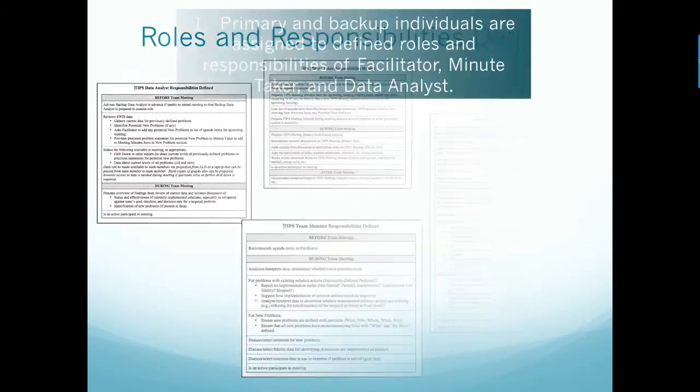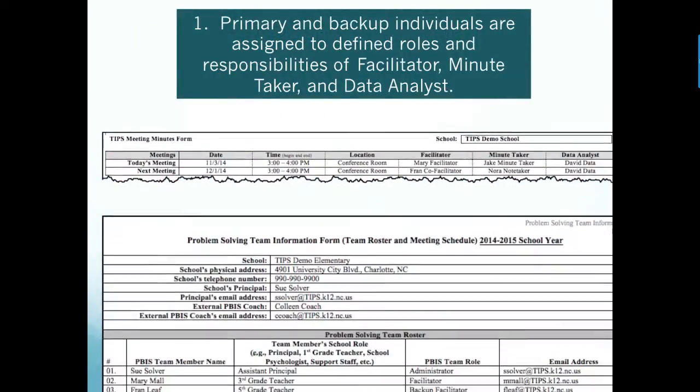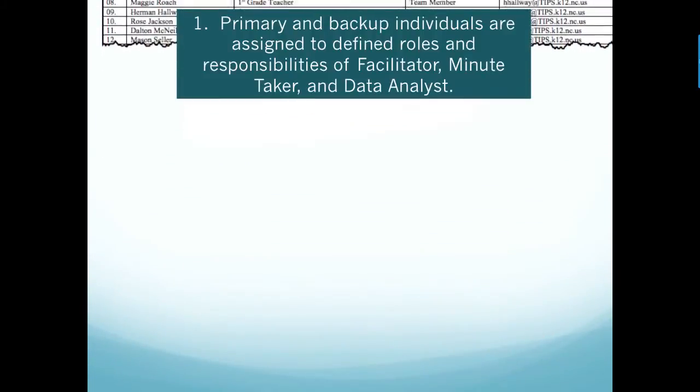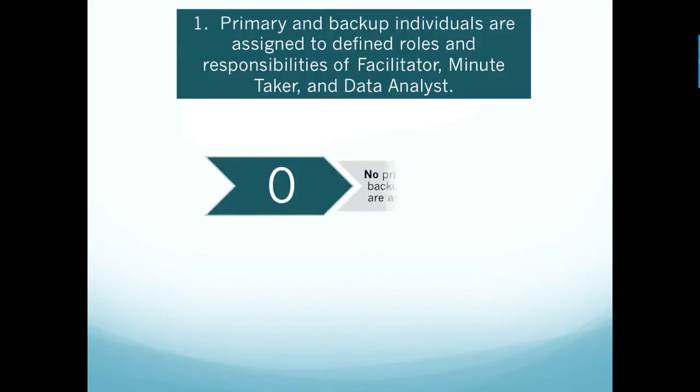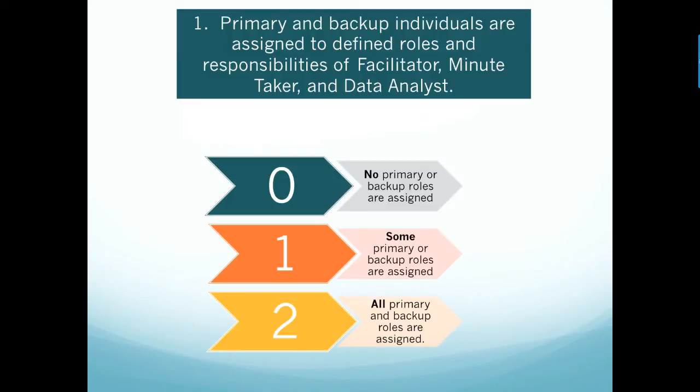When we're looking to define the score on this item, we can look at our meeting minutes form. We can also look at our problem-solving team roster to see if we have individuals assigned to all these roles and the backups. The scoring again goes from 0 to 1 to 2. A 0 reflects that there's no one assigned to any of the primary roles or backup roles.